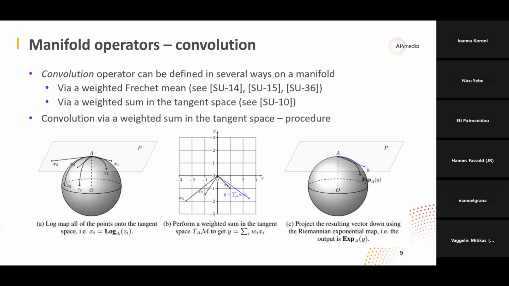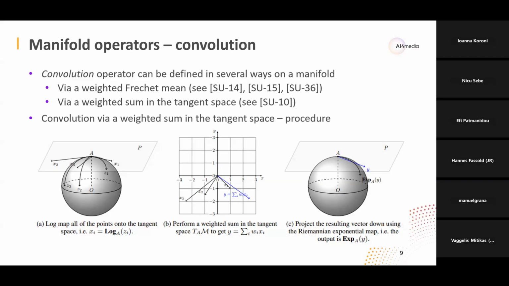And then, of course, for deep learning and for neural networks, you also need a sort of convolution operator. So how can you define such a convolution operator on a manifold?